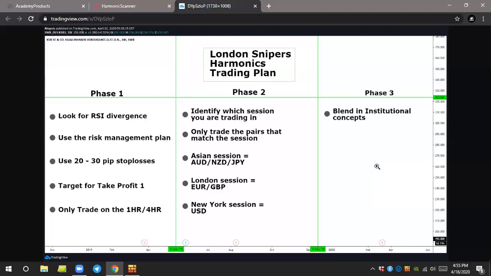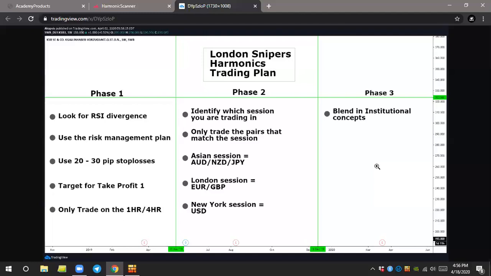From about 2 a.m. to about 11 a.m. or so is London session. And then New York session starts about 7 a.m. and goes all the way until like 5 p.m. or so. But now, here's the important part about these sessions.